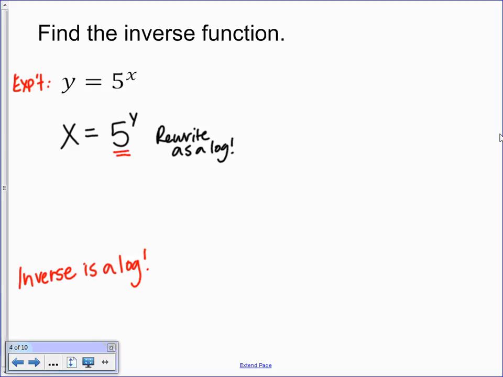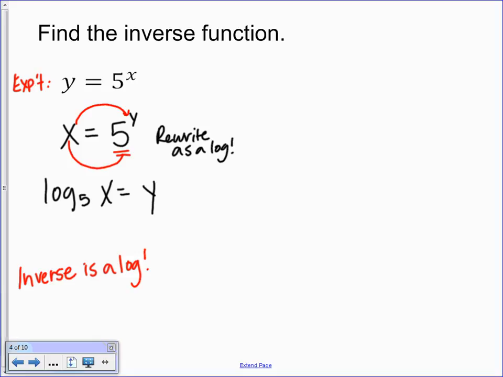Okay, so we're going to start with log base 5 of, go around your equal sign, x equals the exponent y. And remember, that makes sense. The answer to the log is the exponent, y, so the log equals y.